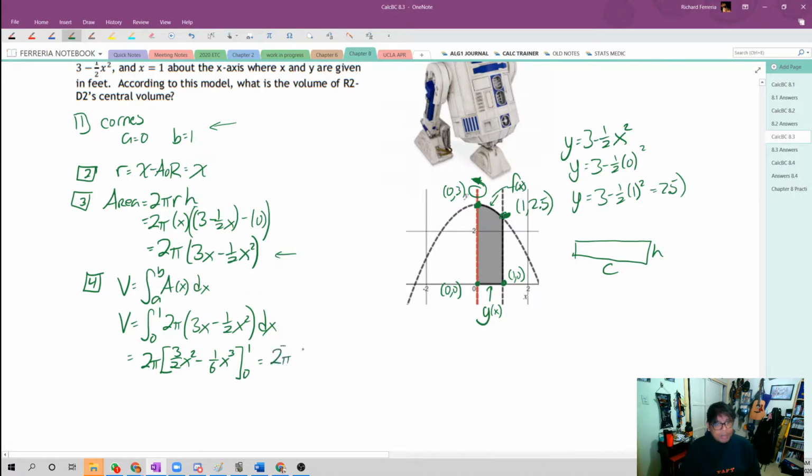That's 2 pi. Substitute a 1, and we get 3/2 times 1 minus 1/6 times 1, minus 2 pi. Substitute a 0, and we get 3/2 of 0 minus 1/6 of 0. And do some algebra, and this is, wait, there's a mistake. This right here should be 3 minus 1/2 x squared, making this an x cubed.